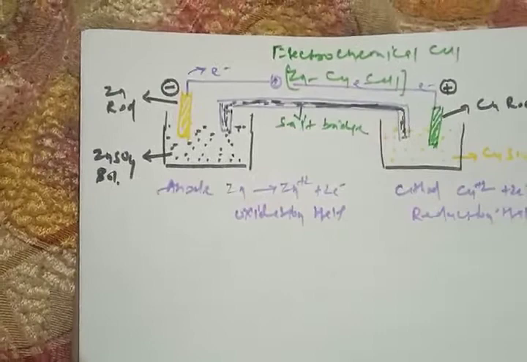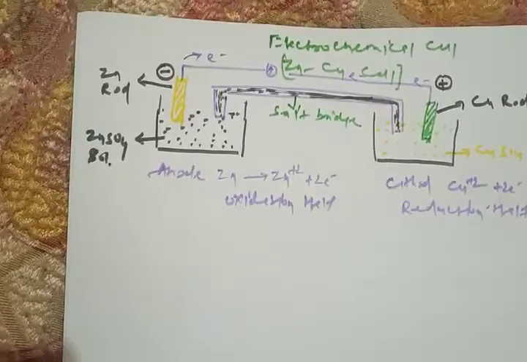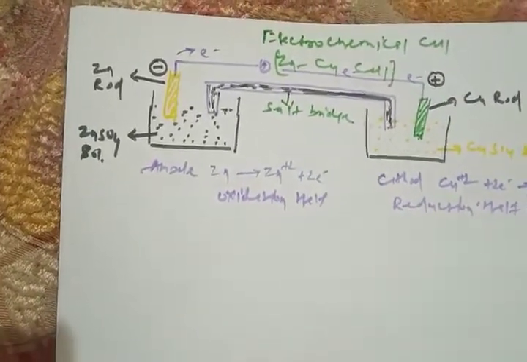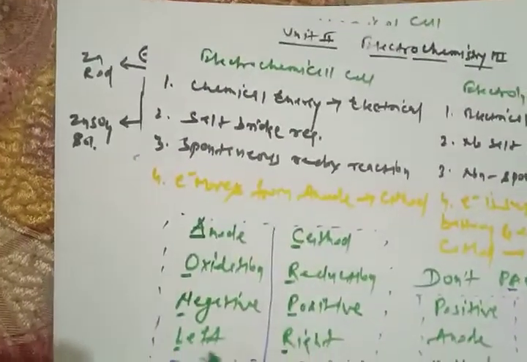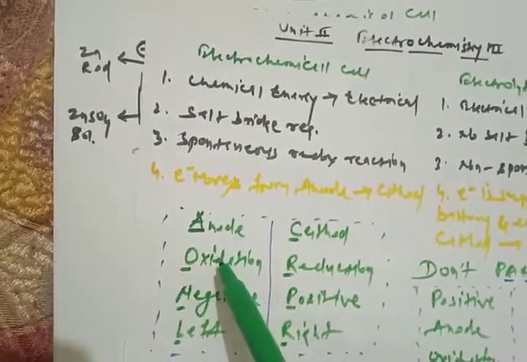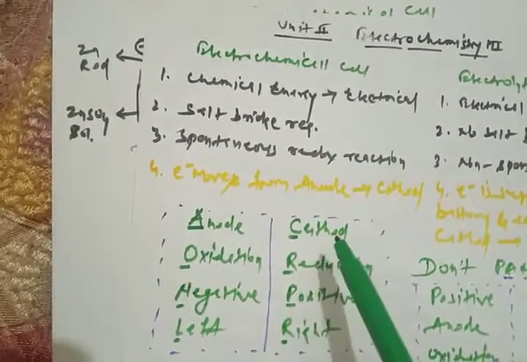Finally we can write the complete cell reaction, where the left hand side is the oxidation part and the right hand side is the reduction part.